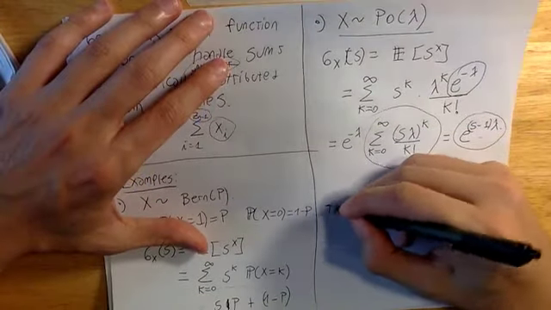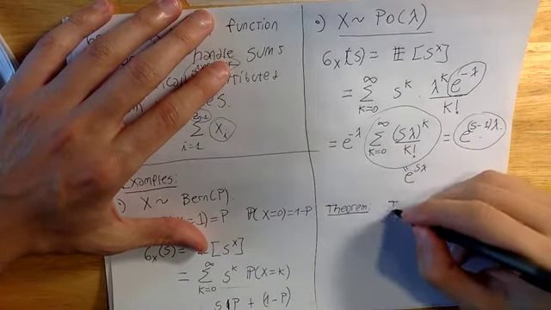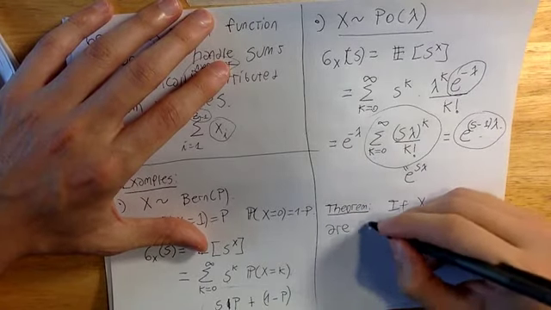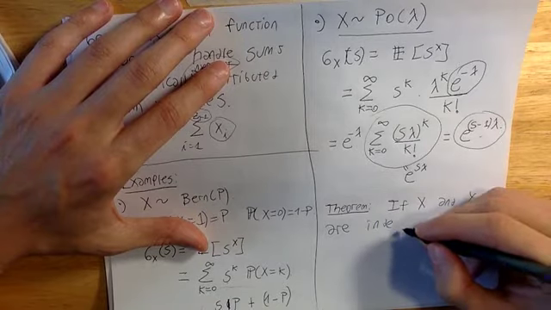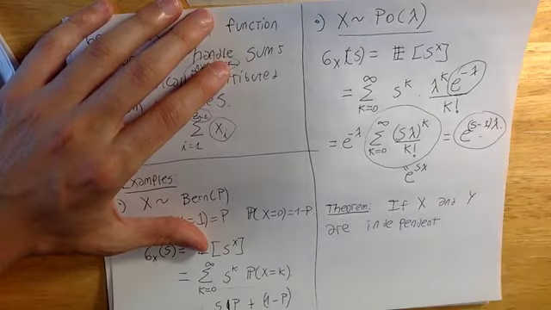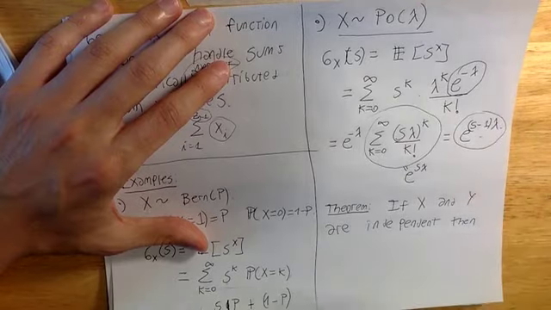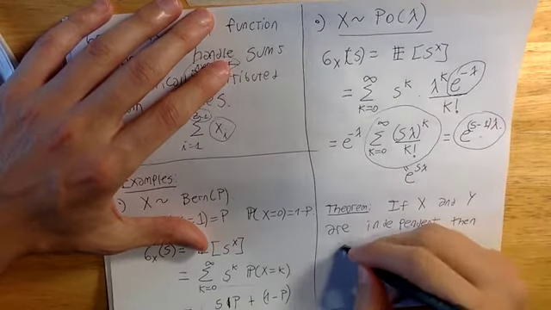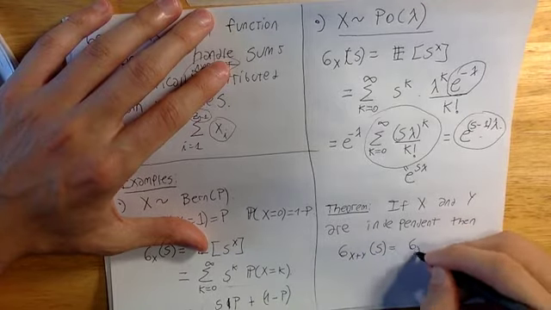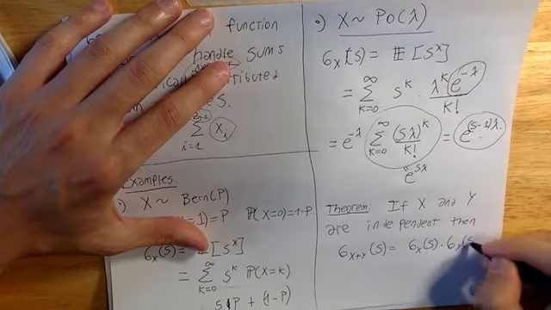Theorem: if X and Y are independent, then the generating function of X plus Y evaluated at s is going to be the generating function of X at s times the generating function of Y at s.